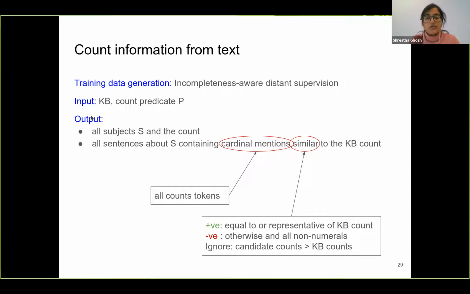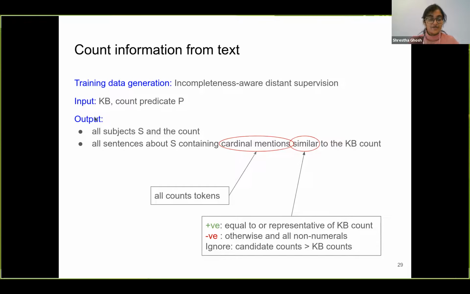So we need both positive as well as negative annotations. So positive annotations are those which match exactly, and also which are lower than the 90 percentile value of the value that the predicate takes in general across all subjects.